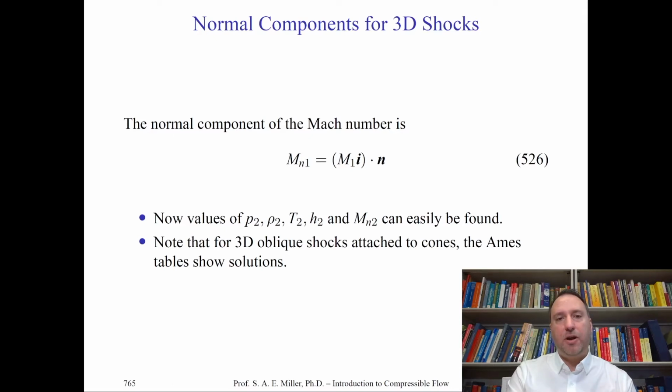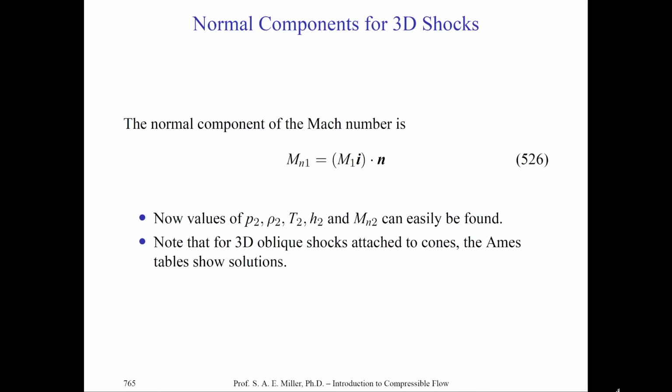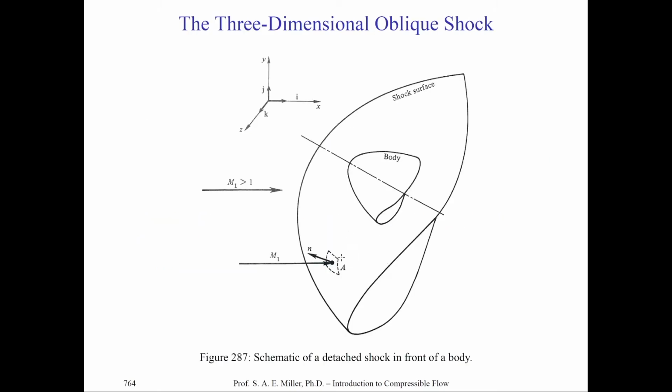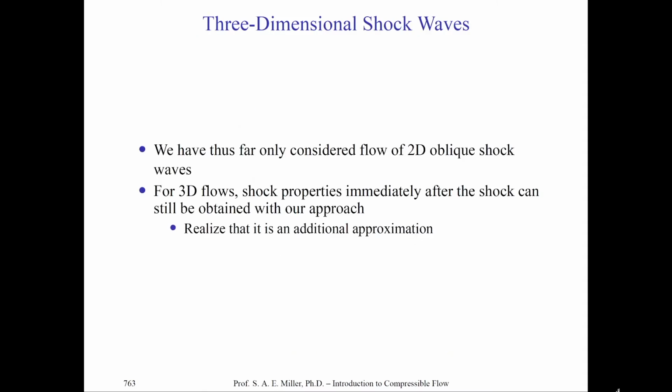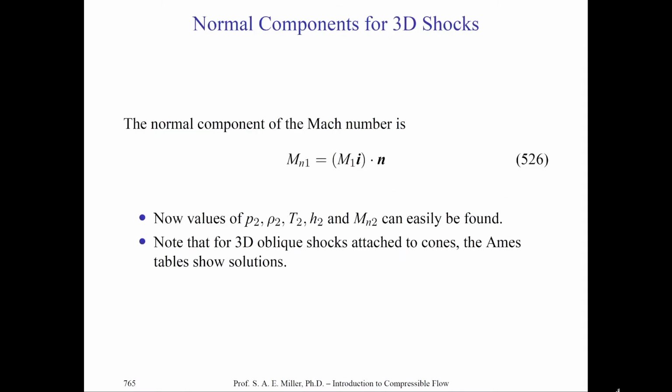And therefore we get our normal component of Mach number, which we can then use and find quite easily our values after the shock through approximations of the static pressure, the static density, the static temperature, the static enthalpy, and Mn2, which is the normal Mach number after the shock, which of course is going to be deflected relative to the original flow direction. So for three-dimensional flow, the shock properties after the shock can be obtained with the approach, but just realize it's an approximation.